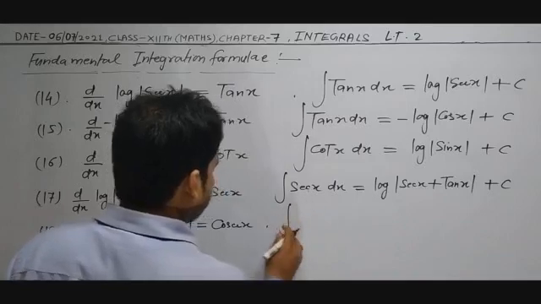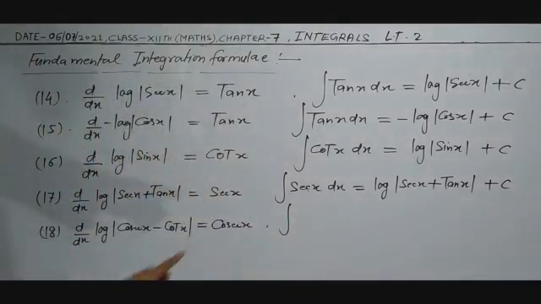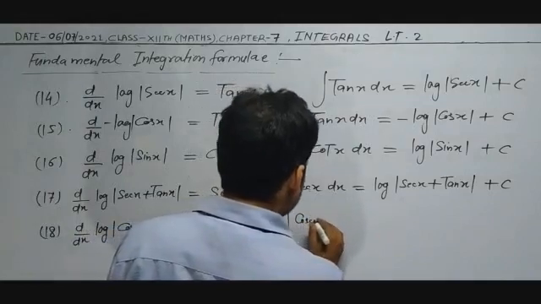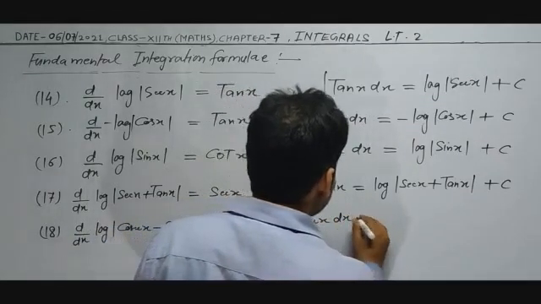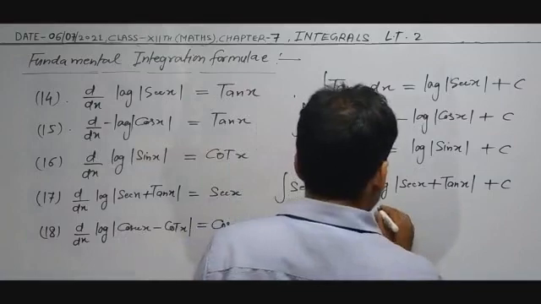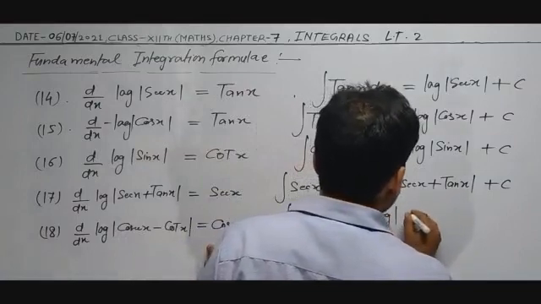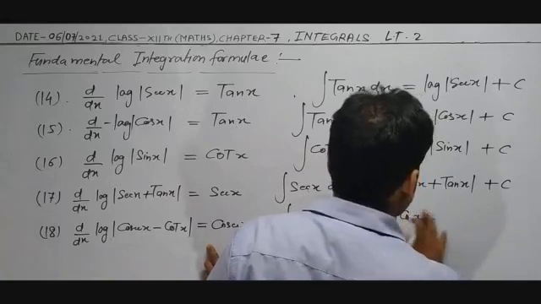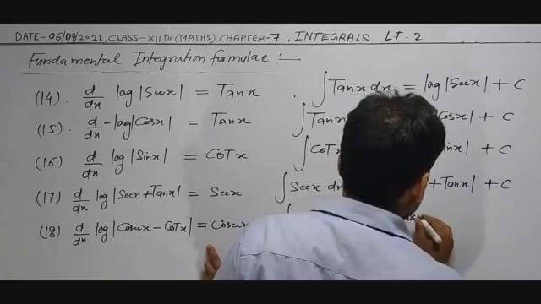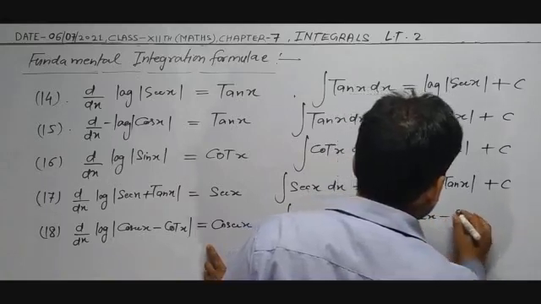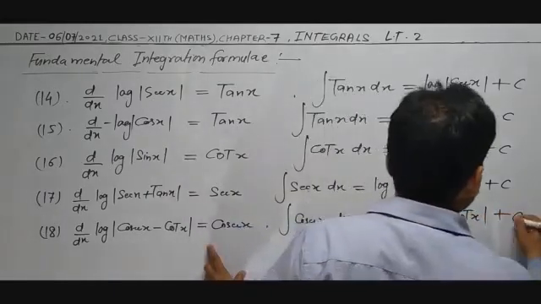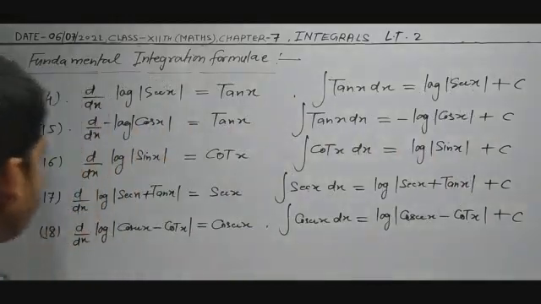So now its antiderivative, of cosec x dx, can be written as log of mod of cosec x minus cot x plus c.